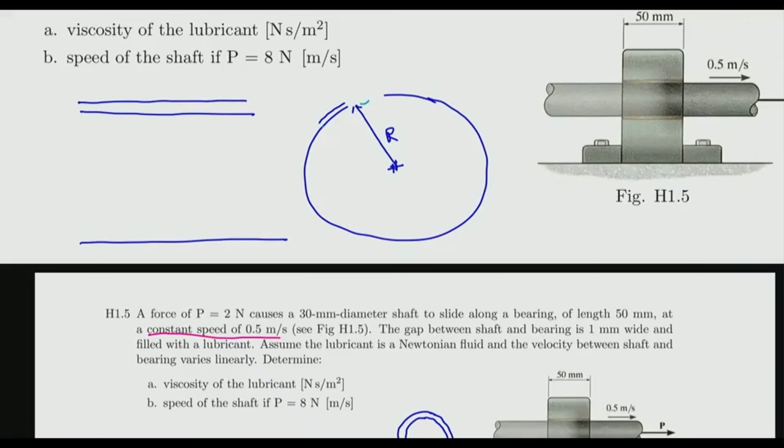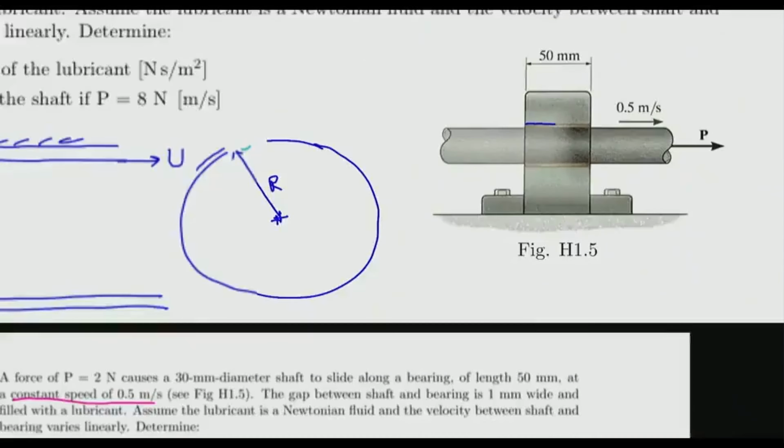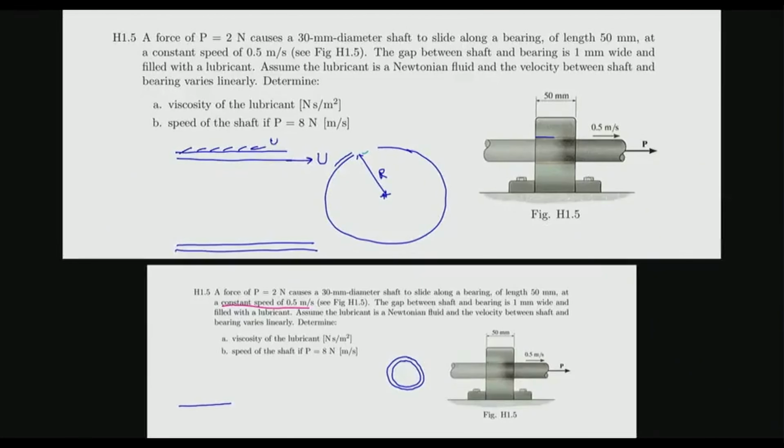It's this view where the surface, the shaft, is moving at the velocity, let's call it big U. And then this bearing surface, the top surface here, is stationary. So here, little u equals 0, and here, little u equals big U, if we consider u in the x direction.